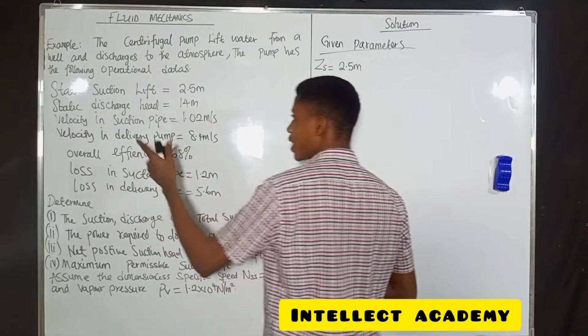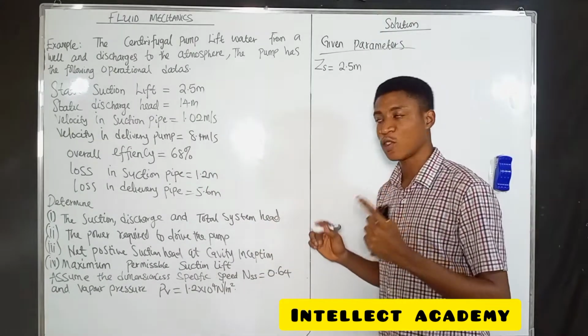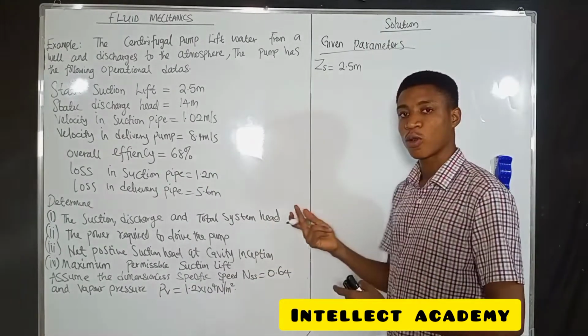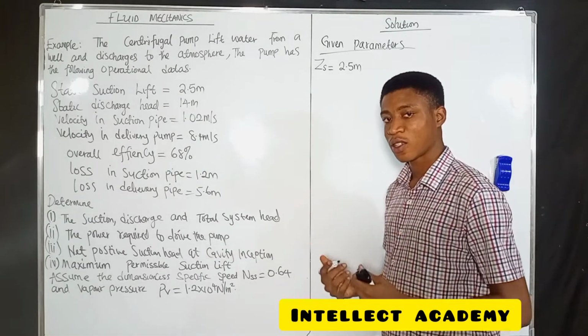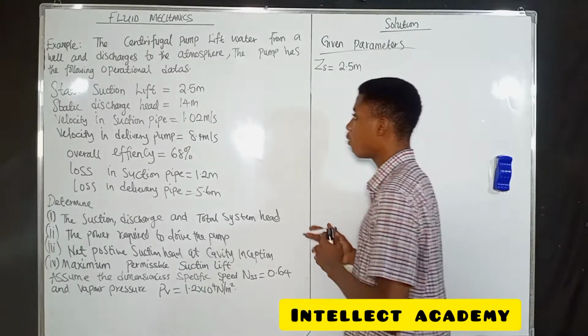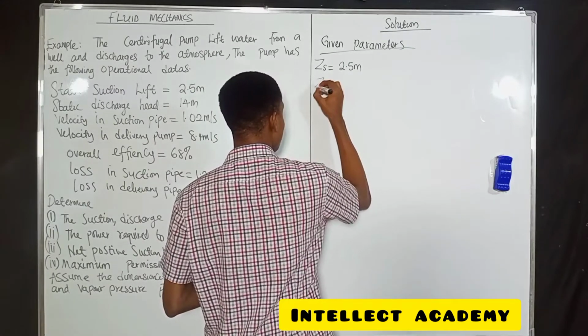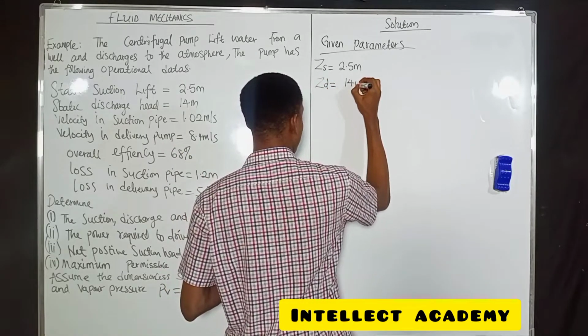Then they say we have the static discharge head. If you don't understand these symbols, you can go to our last video so that you can get a clear understanding of what we're doing here. So we have Zd, the static discharge head, as 14 meters.